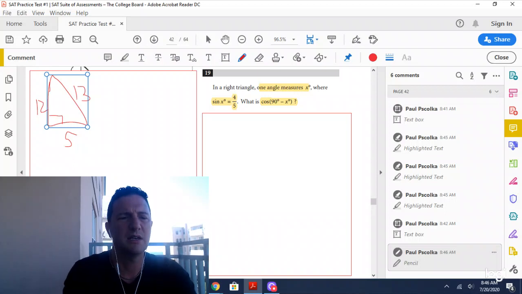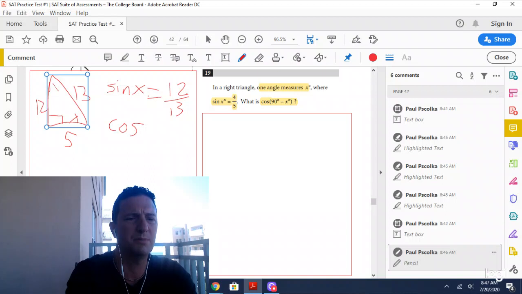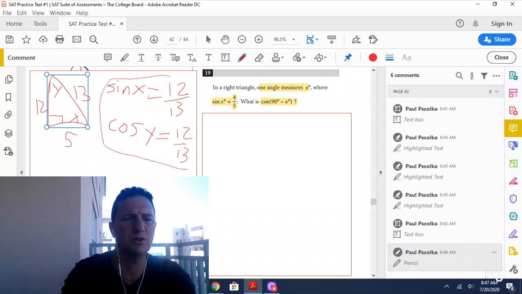In that case, if I were to put an x over here, the sine of x would be 12/13. And I'm going to put a y up here. Let's see what the cosine of y is. Cosine of y is also 12/13. Okay, notice the relationship there.